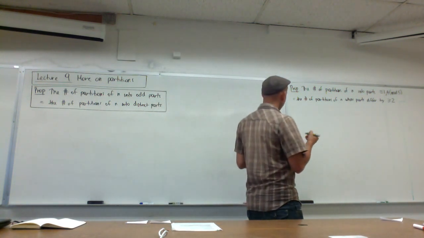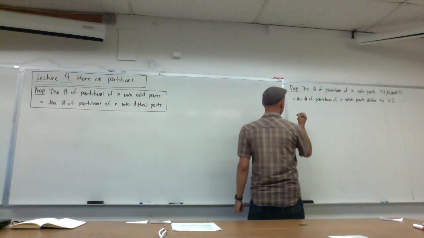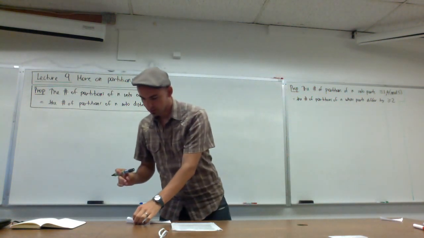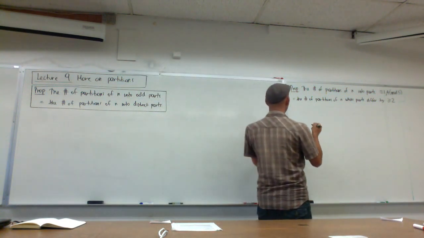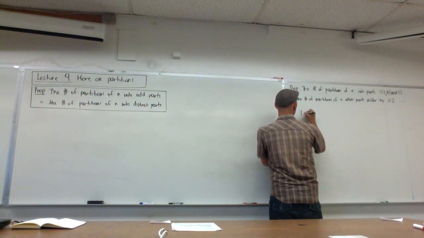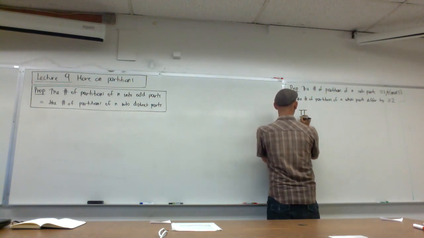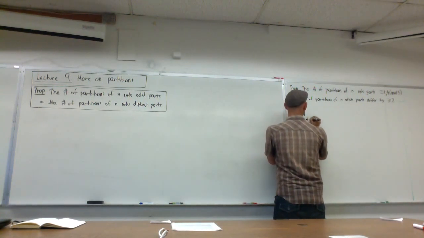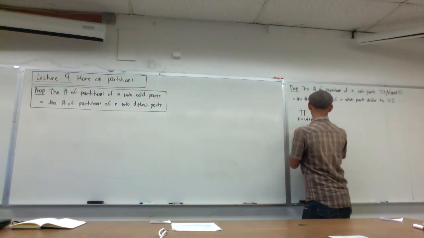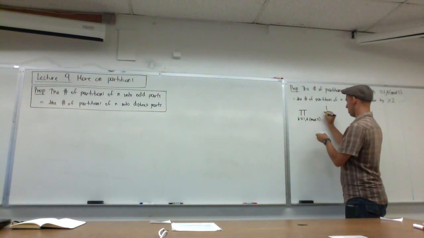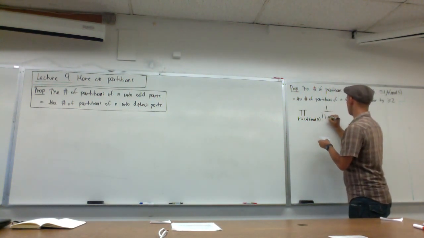And let me restate this also in the language of generating functions. There's a generating function restatement of this, which is this, the product over k congruent to 1 or 4 mod 5 of 1 over 1 minus x to the k.